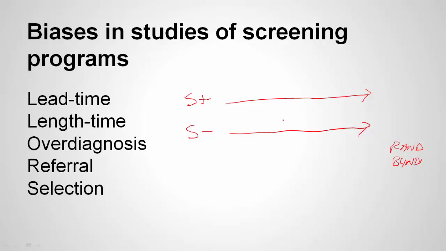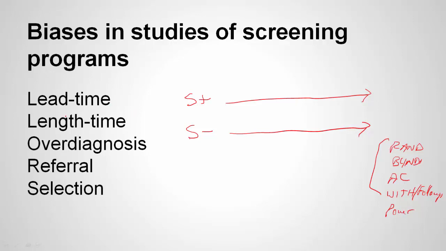You could blind a CT scan, that wouldn't be that hard. It's hard to blind colonoscopies for colon cancer, these types of things. So blinding is one of these that often doesn't get done as well. Randomization, blinding, allocation concealment, and dealing with withdrawals and follow-up problems.